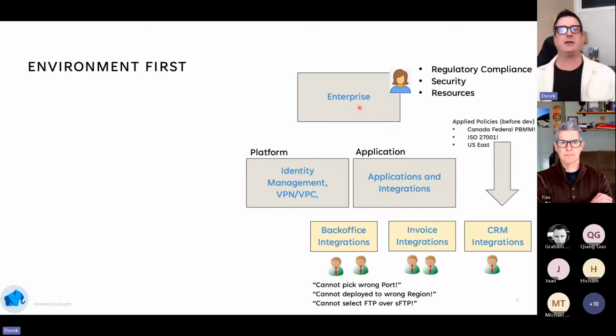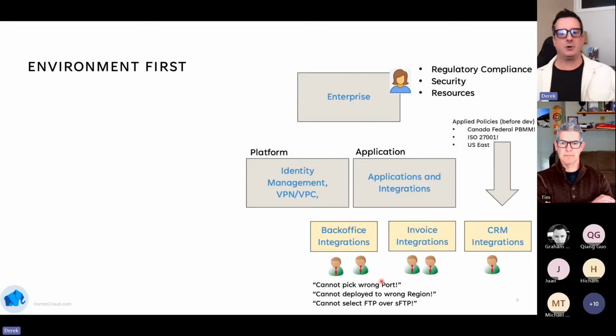But then we say, okay, finally, we have some developers and they're ready to go. But really what happens if we take this top-down approach is maybe you have a set of developers doing back office integrations. Well, they realize that it's enforced, right? So it's a provisioned environment for that developer to do development for back office integrations. It's a provisioned and ready environment for invoice integrations to actually be developed.